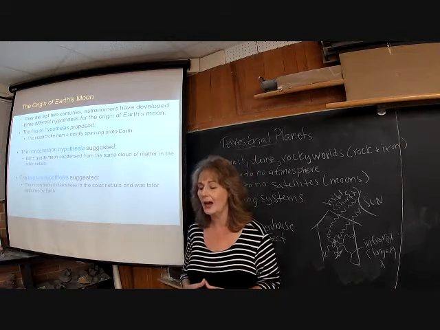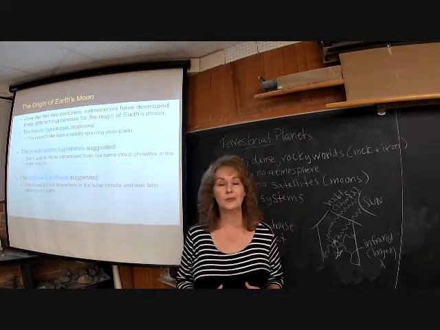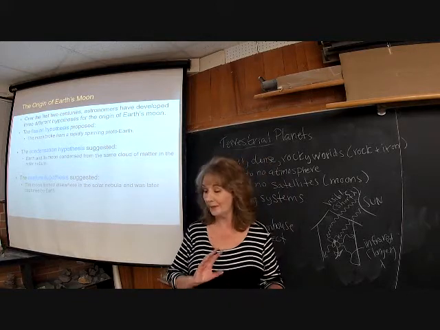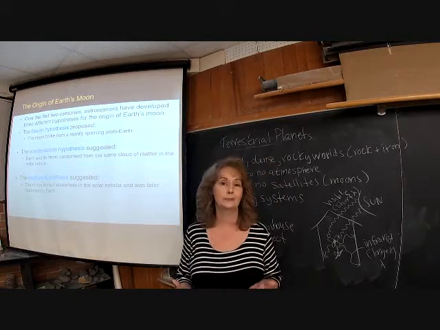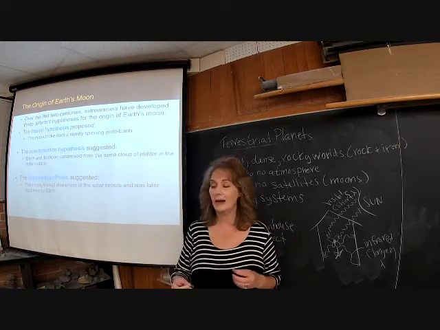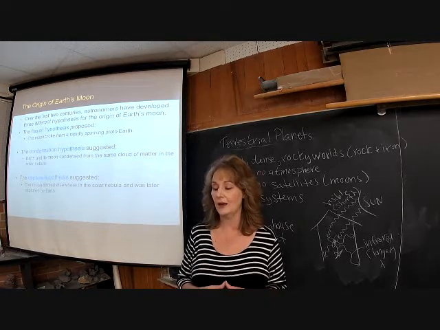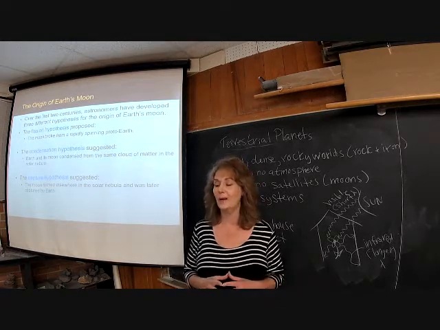So many of these here. And the first one, the fission hypothesis, proposes that the moon broke off from a rapidly spinning Earth, and that it's just a piece of Earth material.